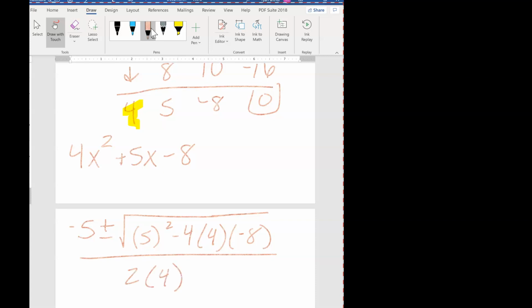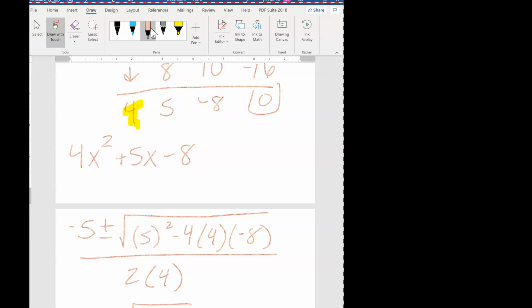So, simplifying your 3 spots. Negative 5 can't be simplified, so we just drop it down. Square root, we do not type that radical in because if it's an imaginary number, your calculator is not going to compute it. Neither will Desmos. I get 153 all over 8.